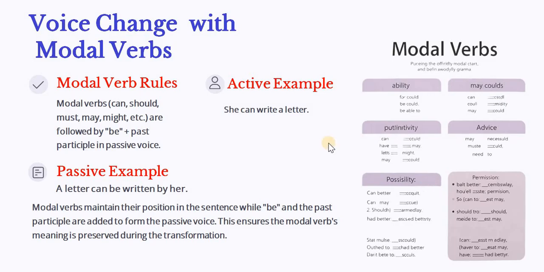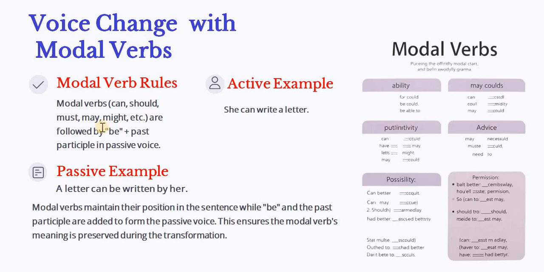So modal verbs stay the same. We cannot change them because the second form cannot take their place, since the verb be is always there, so we cannot have two changes occur in a single sentence.